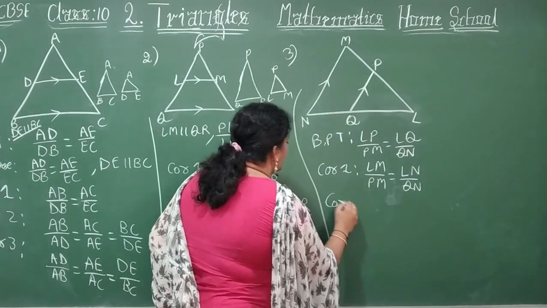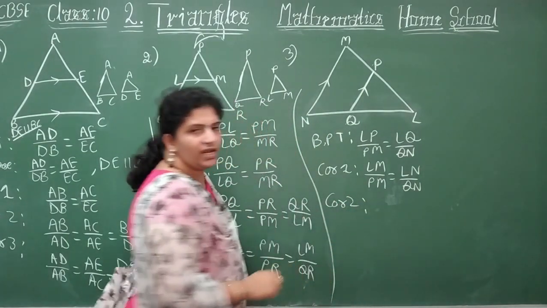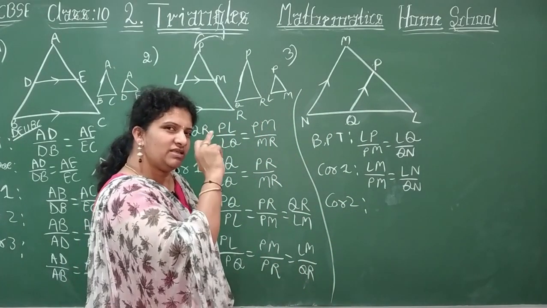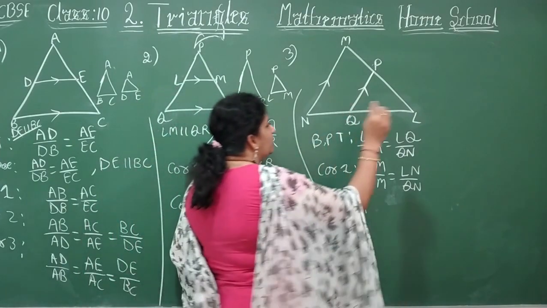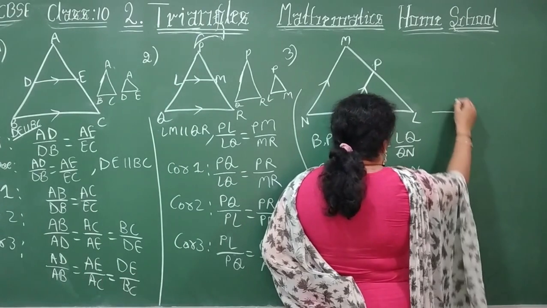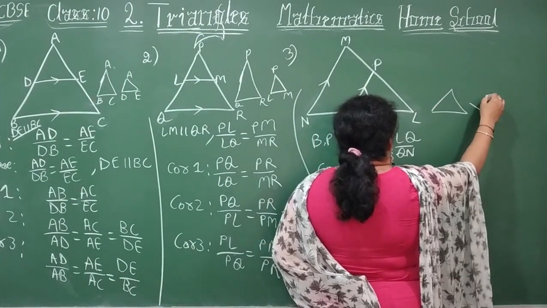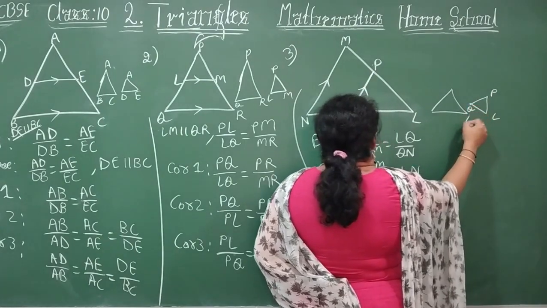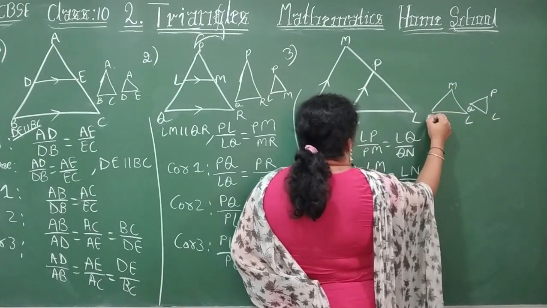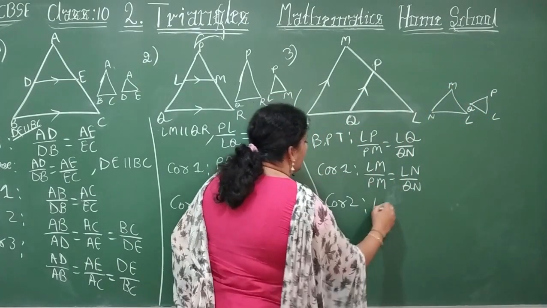And your corollary number 2. What's your corollary number 2? Big side by small side. How to remember, I am saying here, children. So how do you see this one? Big triangle and one more small triangle: LPQ, LMN. Okay, now consider.